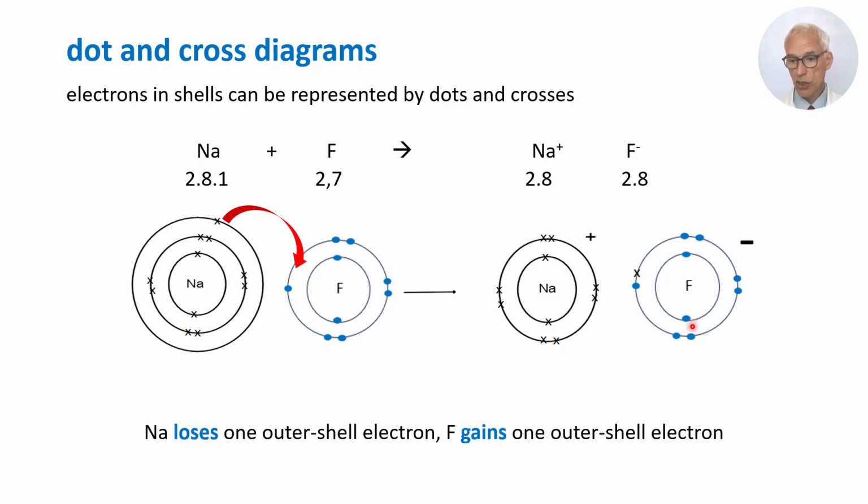So fluorine 2,7 over here becomes 2,8, but in the outer shell we've got 7 dots and 1 cross, so that we're tracking where the origin of that electron is. That is, it's come from the outer shell of sodium. Sodium loses 1 outer shell electron, fluorine gains 1 outer shell electron. Dot and cross diagrams give us a way of tracking that transfer.